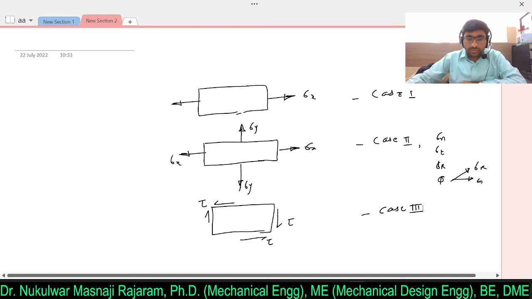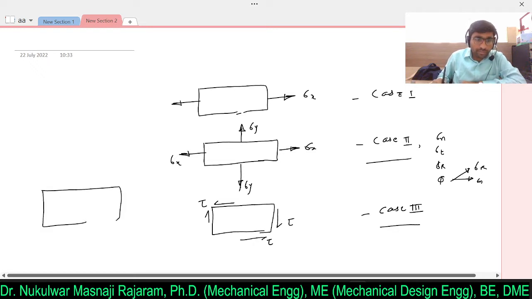After that, we combined both these cases, case number 2 and case number 3. Here I will show you when members are subjected to two mutually perpendicular direct stresses, sigma x and sigma y, accompanied by a simple shear stress.